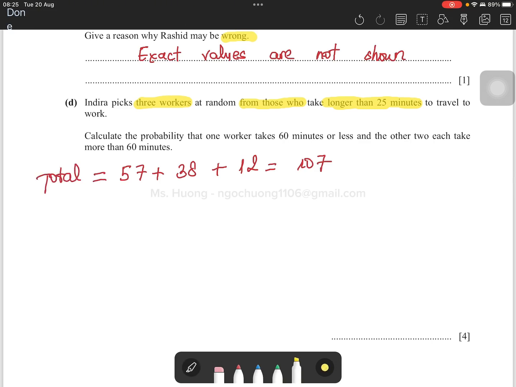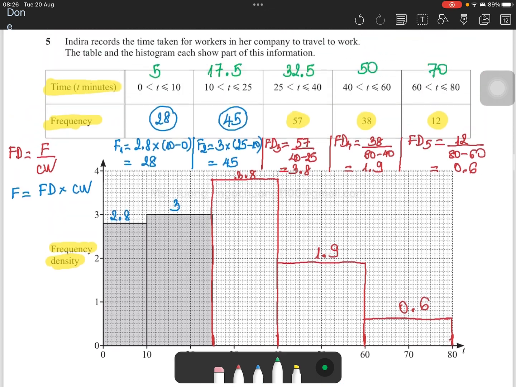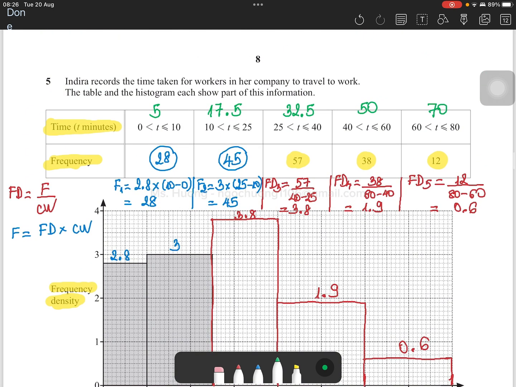Then we calculate the probability that one worker takes 60 minutes or less and the other 2 workers take more than 60 minutes. So the first worker takes 60 minutes or less, how many people? 60 minutes or less, these two columns.